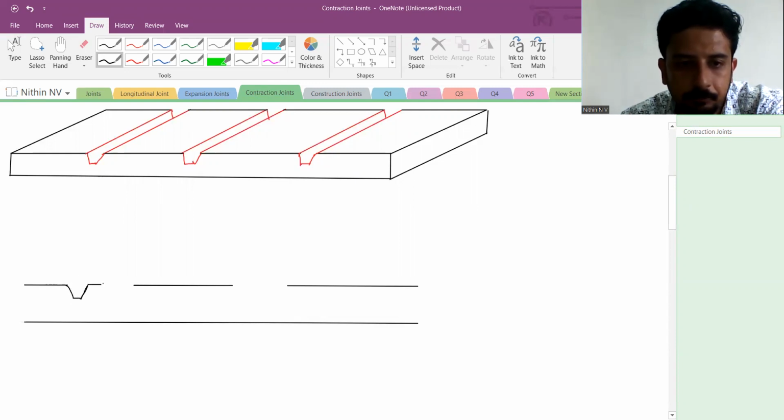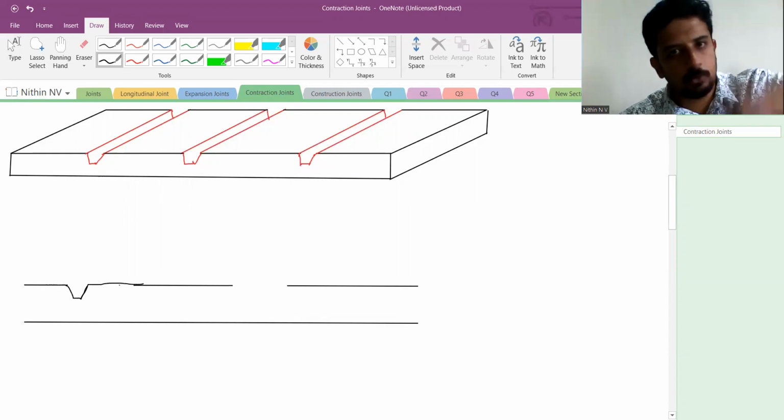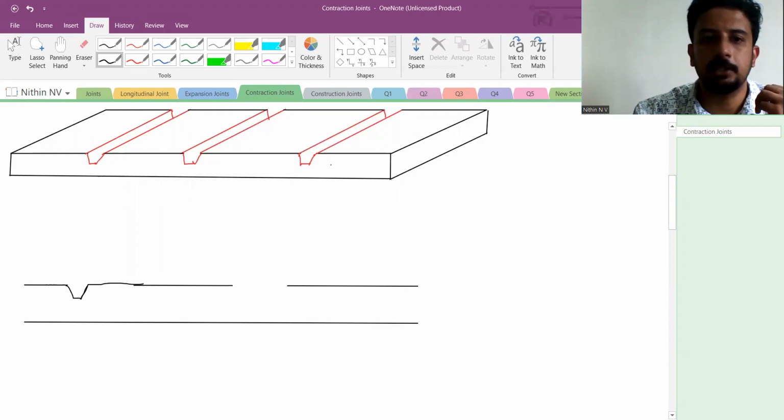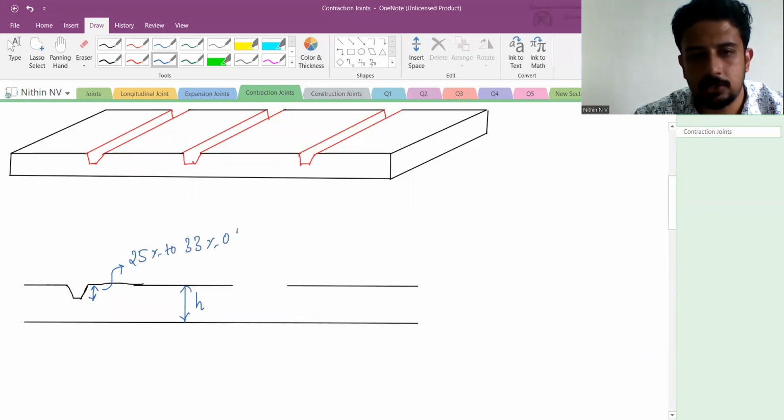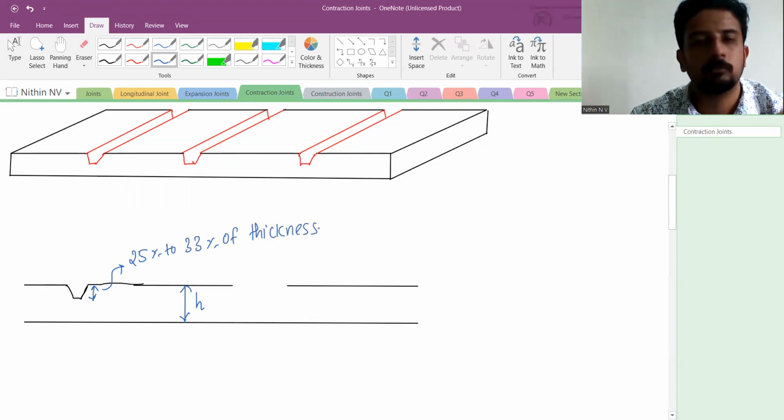Previously I told you, throughout the depth or thickness of the pavement, we cut the expansion joint, no? This particular dimension, suppose the entire thickness is h centimeter, this will be only 25% to 33% of h, or thickness.